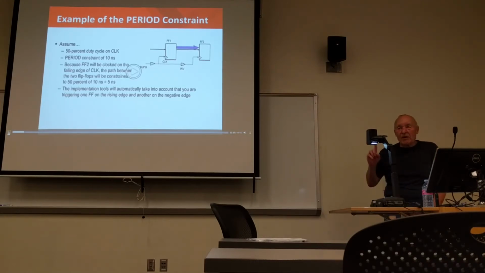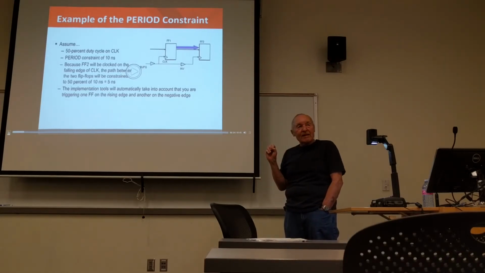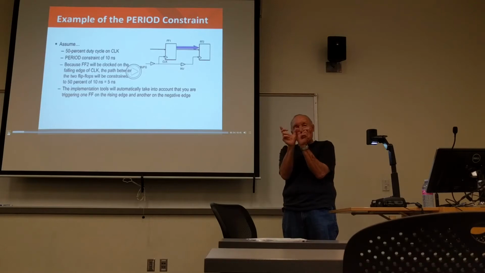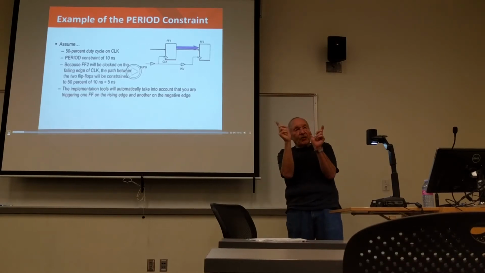Does everybody see why the period constraint here is 5 nanoseconds and not 10 nanoseconds? Because it's a 50% duty cycle, 10 nanosecond period. The first flip-flop is off the leading edge, the other one is off the trailing edge.